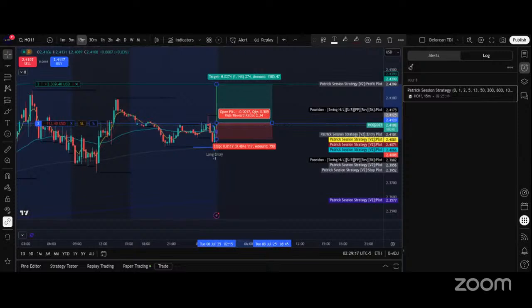All right, this is going to be a 15-minute confirmation buy. This is HO1. 2.34 risk to reward ratio. We can actually probably get a better price on that. No, it didn't wick. Good. Take profit is 2.4399.